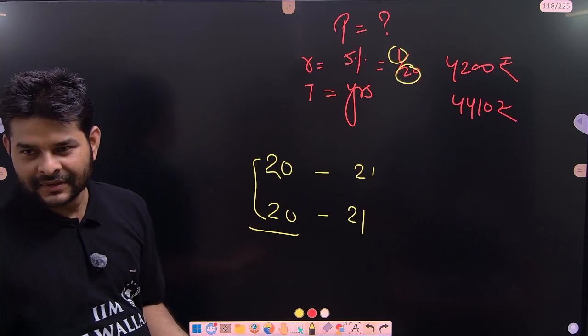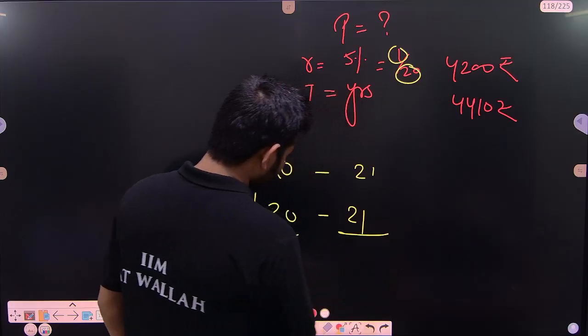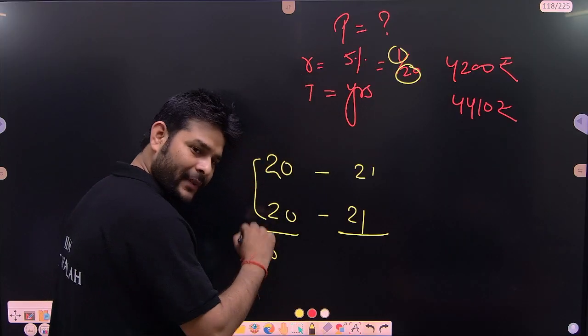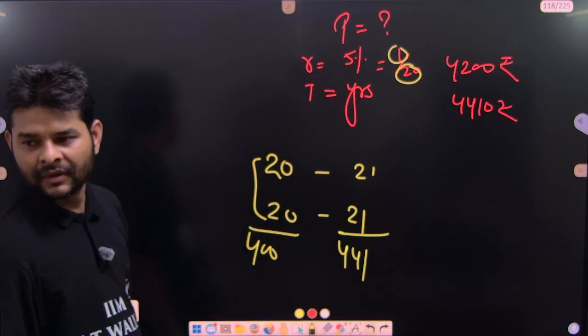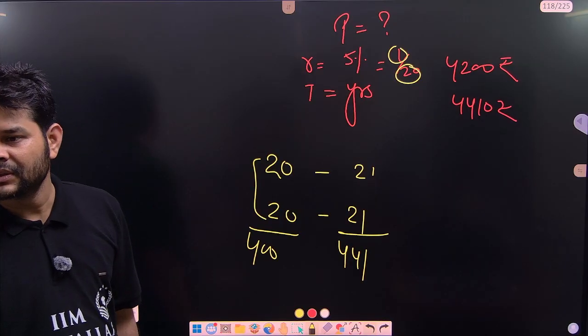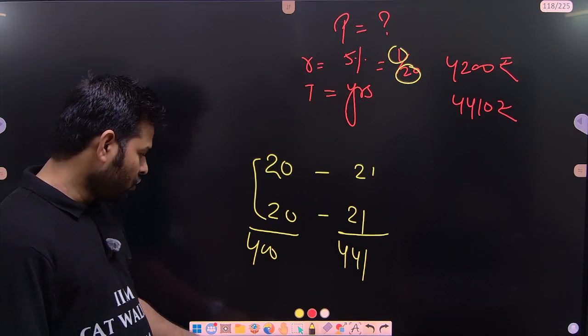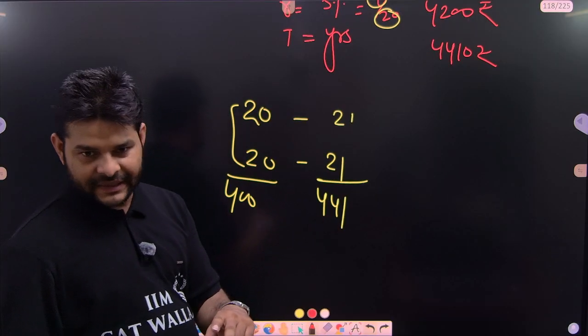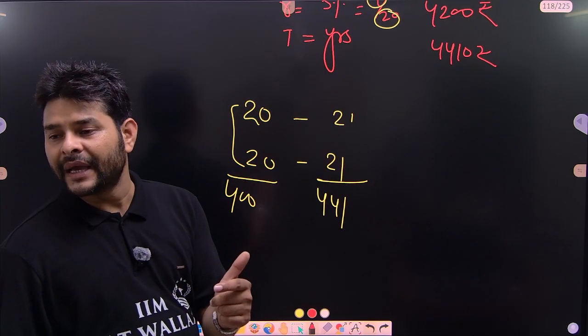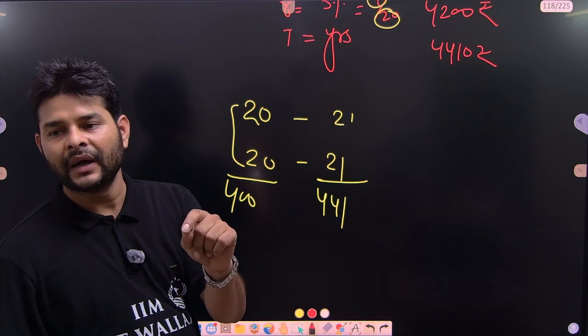No classes. So over here 400 will become 441 for second year. Now the question says for first year, the borrower gives 4,200.